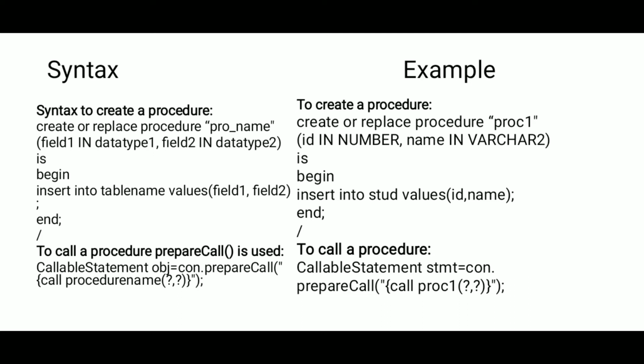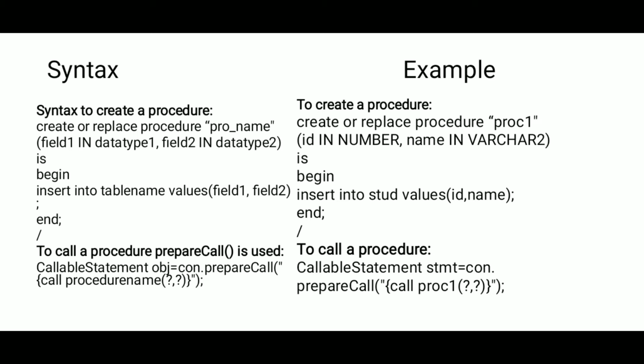And when we call the procedure, a CallableStatement object is created, and using the connection object con we call the prepareCall method, and in it the parameter is passed to call that procedure. So we call procedure 1, and two parameters are passed to the procedure, that is the id and name, which are applied dynamically using the set method.